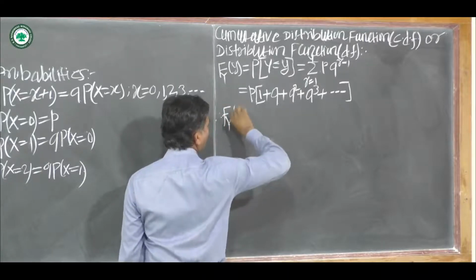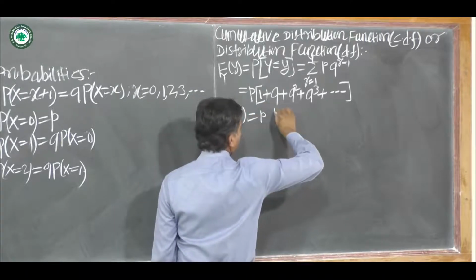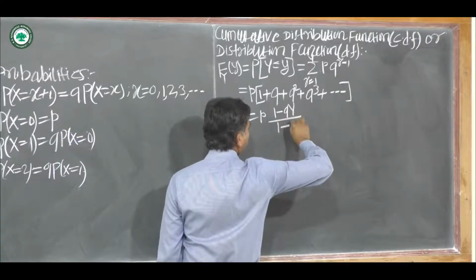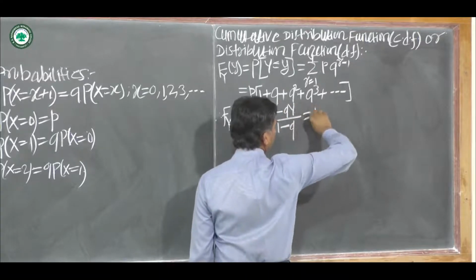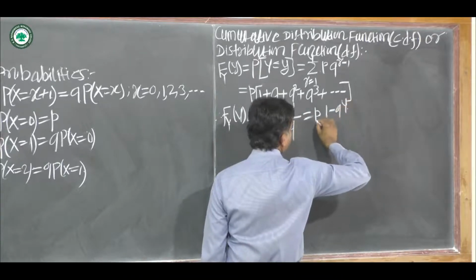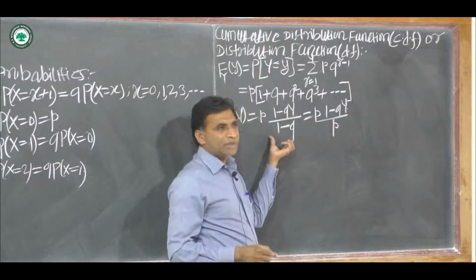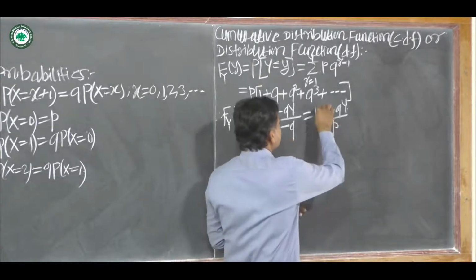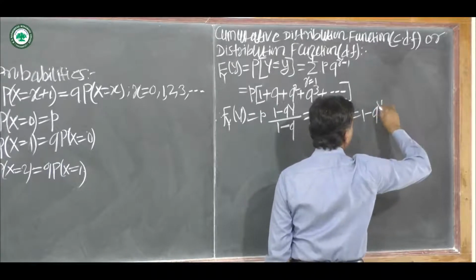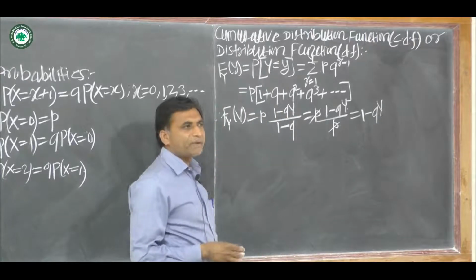Therefore F of y is equal to p into 1 minus q raised to y upon 1 minus q, which is equal to p into 1 minus q raised to y upon p. 1 minus q is equal to p, since p plus q is equal to 1, this p gets cancelled, which is equal to 1 minus q raised to y. 1 minus q raised to y is the distribution function of geometric distribution.